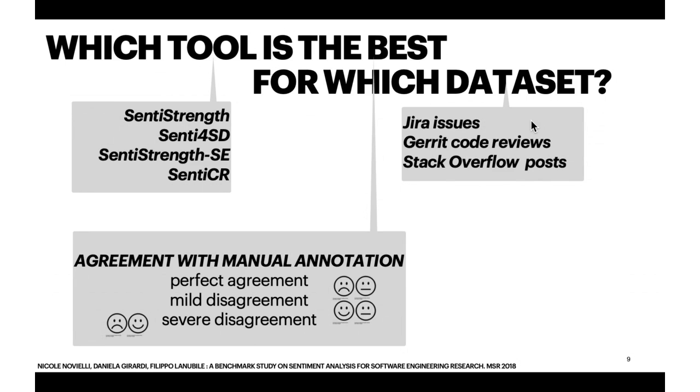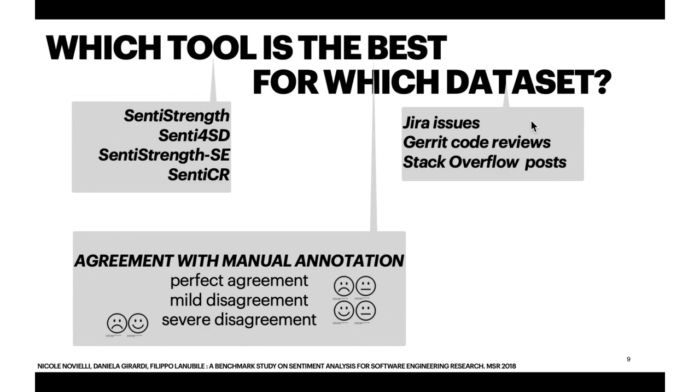If one of the two indicates neutrality and another one is not indicating neutrality, we call it a mild disagreement. And a severe disagreement would be when a manual annotation identifies sentiment as being negative and the tool identifies sentiment as being positive, or the other way around.